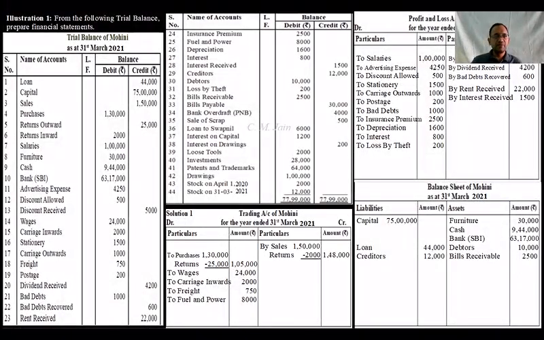Next is bills payable, opposite of bills receivable. Bills payable are like creditors, so these are a liability. So balance sheet liabilities side, bills payable 30,000.